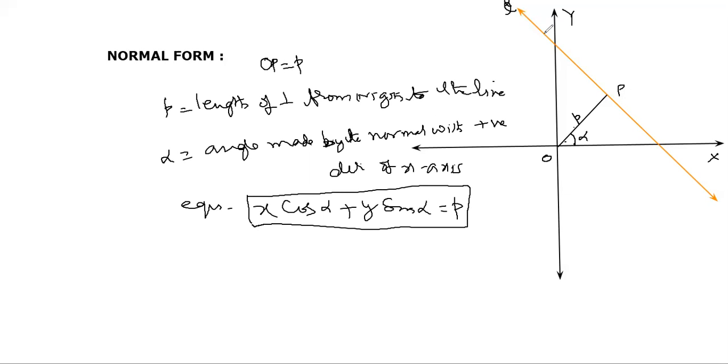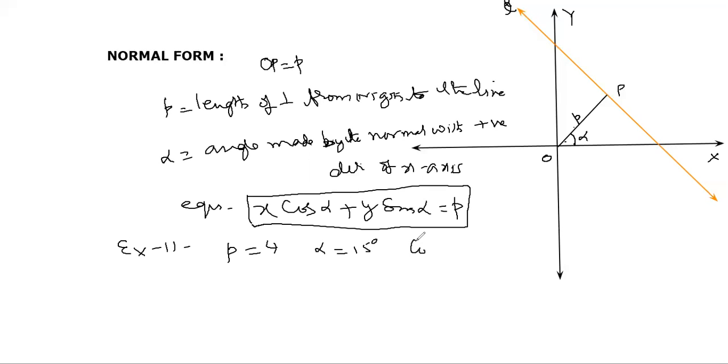So in the question, it will be given a line on which the length of perpendicular is OP and the normal making angle alpha. For example, we can take one question, example number 11, just you can read: find the equation of the line whose perpendicular distance from the origin is 4 units, and the normal makes with the positive direction of x-axis 15 degrees. So P is 4 units and alpha is equal to 15 degrees.